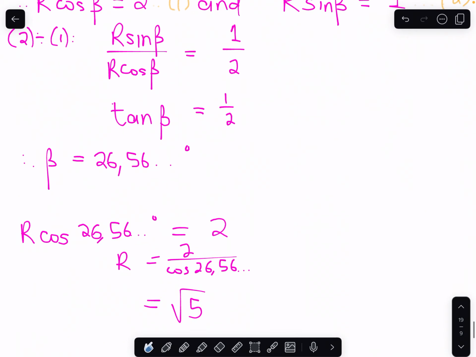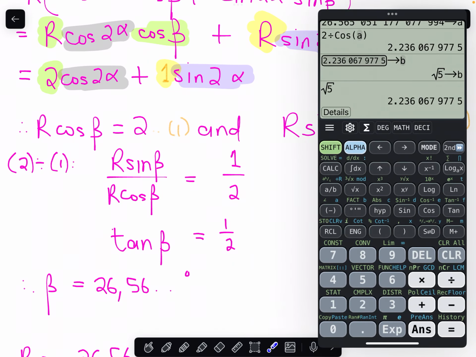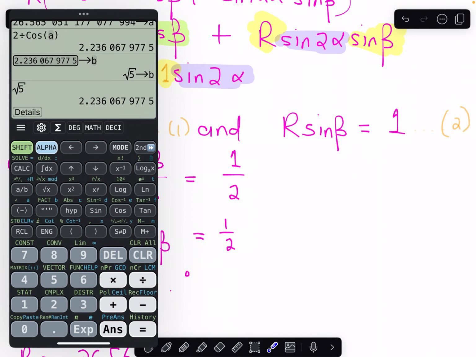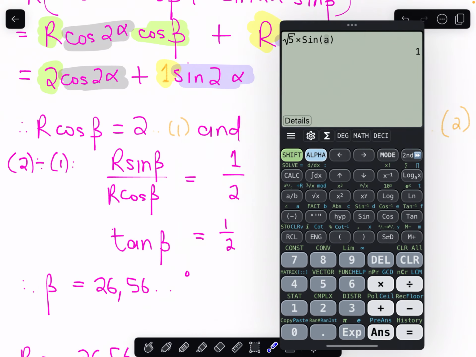I would definitely have wanted to just double check our solutions in here, so not too late to do that. So that is root 5 times sine of that guy does indeed give us 1, so that's comforting.